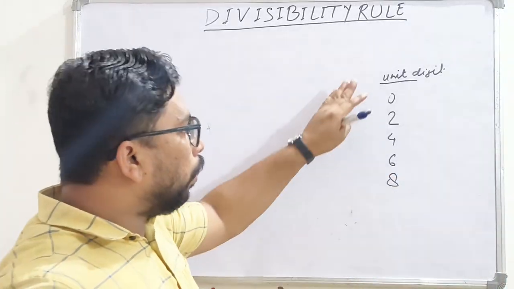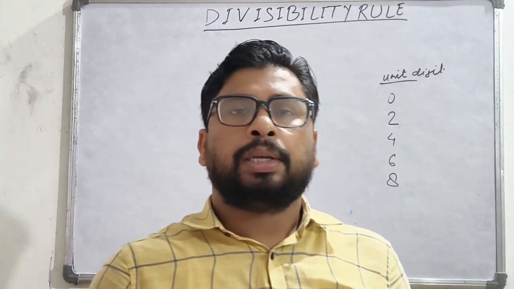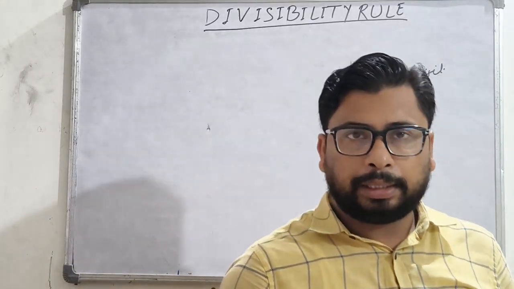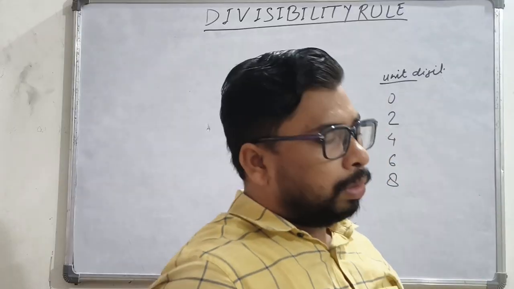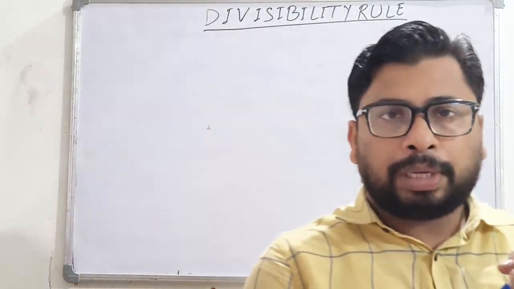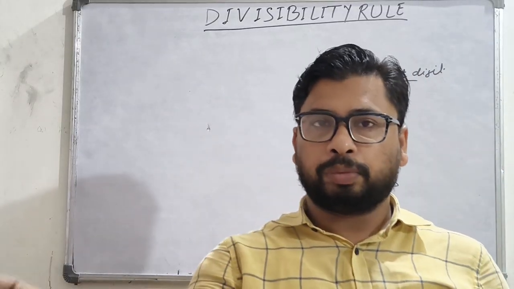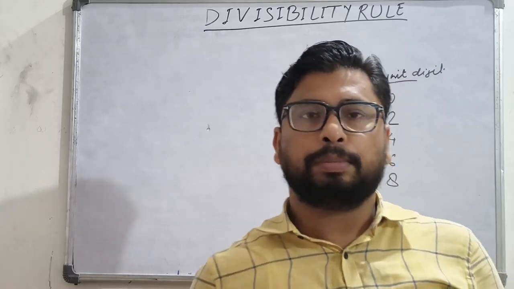And what is meant by an odd number? A number whose unit digit is 1, 3, 5, 7, 9. These are odd numbers. Similarly, what is a prime number? A number having only two factors, that is 1 and itself, is known as a prime number.